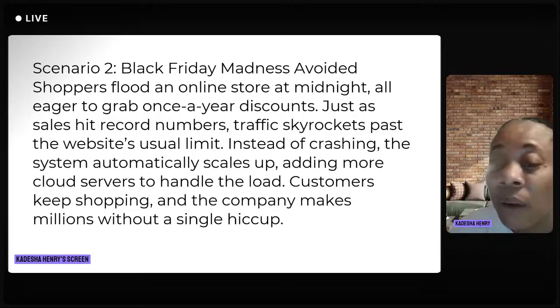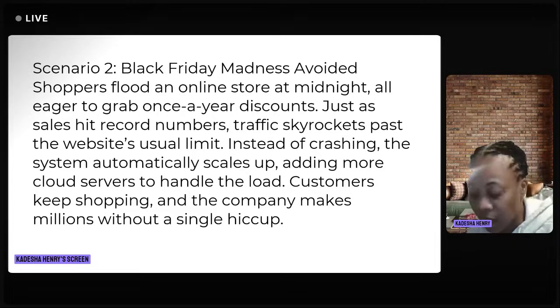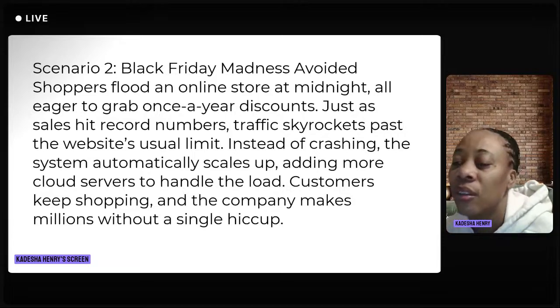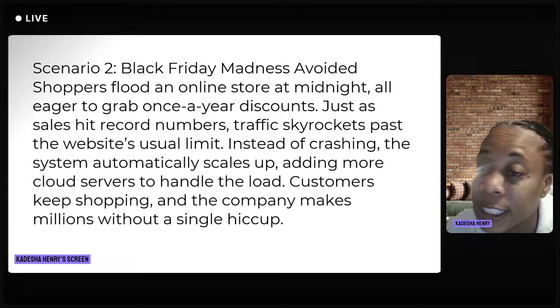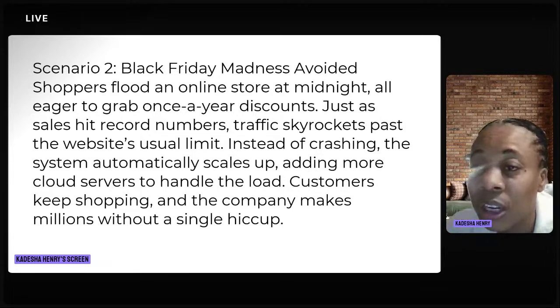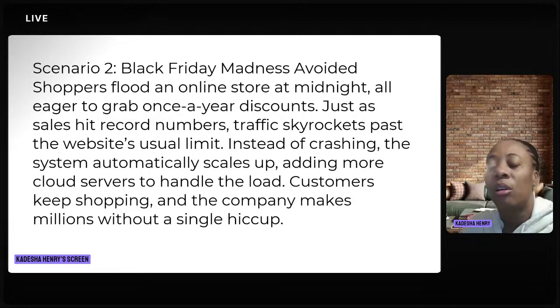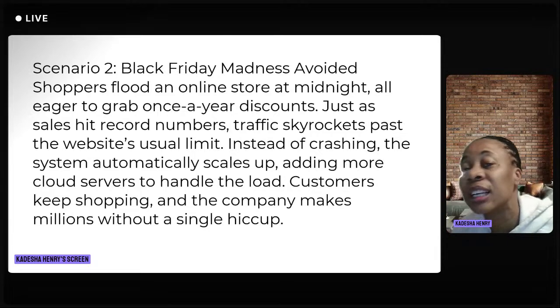So what happened right here is that so many persons are flooding the system, and it reminds me of TikTok. TikTok didn't have any problem even though people were flooding the system, trying to download and log in at the same time, because it has high resilience, right?